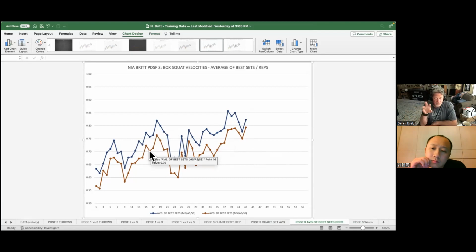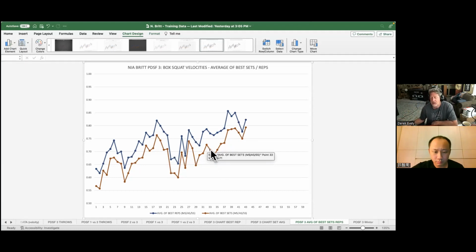You know how we have the three different weights, and we measure the best from each set, the fastest rep, and we measure the set average. Well, I take an average of those three across the three different weights. I take the best set average, because there's only one each day, of the 275, the 225, and the 185, and I average those three out, and that's what this mark is.